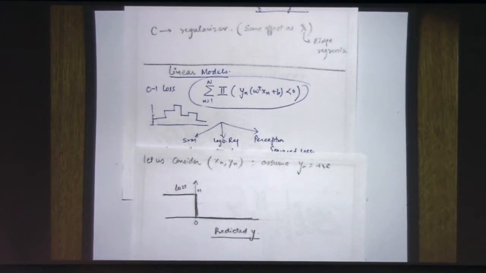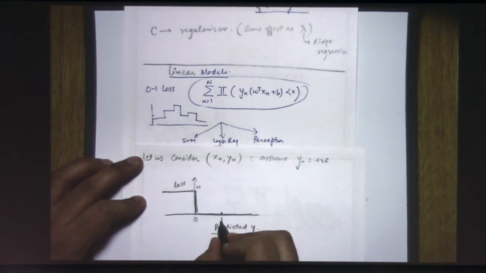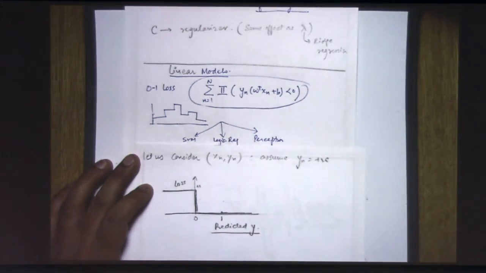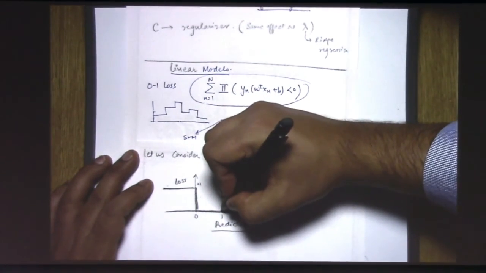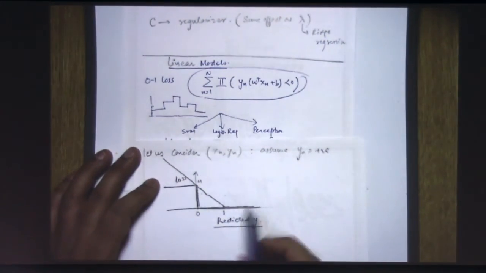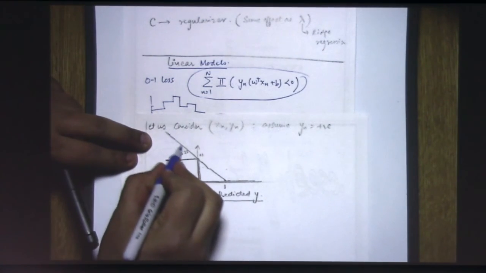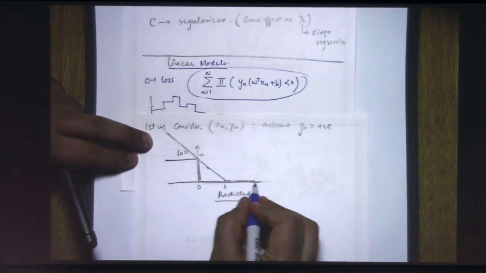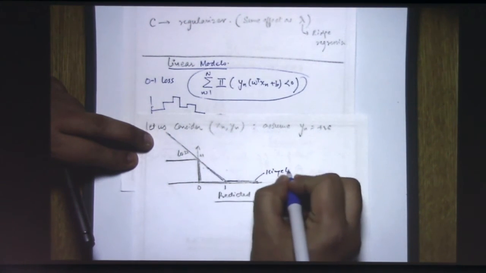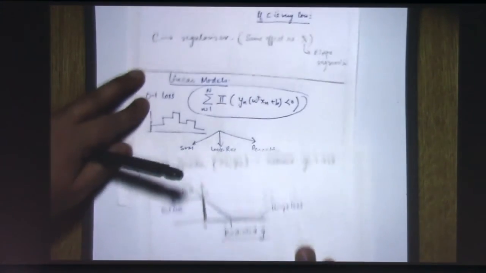What hinge loss says is that if you predict something greater than 1, then your loss after that is 0, all right, but otherwise it gives loss like this. So this plot, I'll use a different color here, this plot is called hinge loss. Okay, this one was 0, 1 loss, and this is basically looking at the loss function.